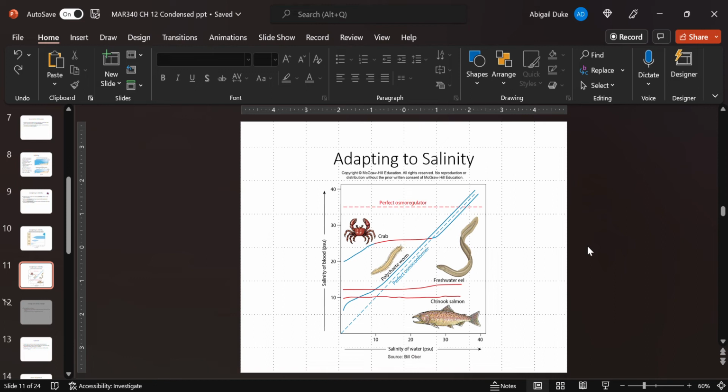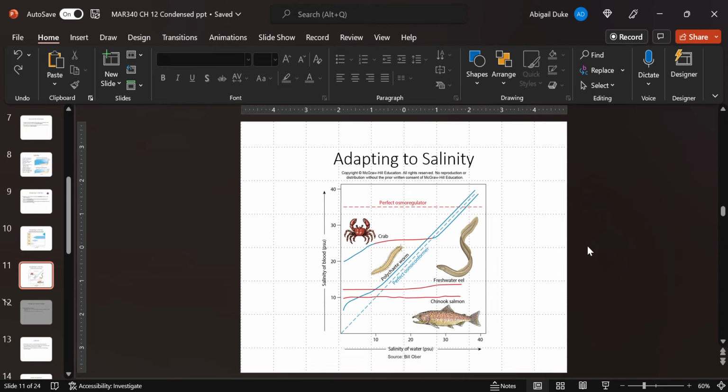We have drawn the line for an imaginary perfect osmoregulator at 35 PSU. The salmon and freshwater eels are nearly perfect osmoregulators, even though their bloods are more dilute.